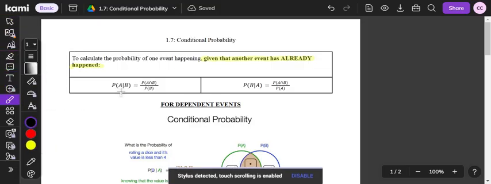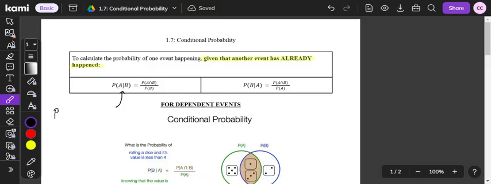Let me just interpret what this right here means. This is the probability that event A will happen, knowing that event B has already happened.